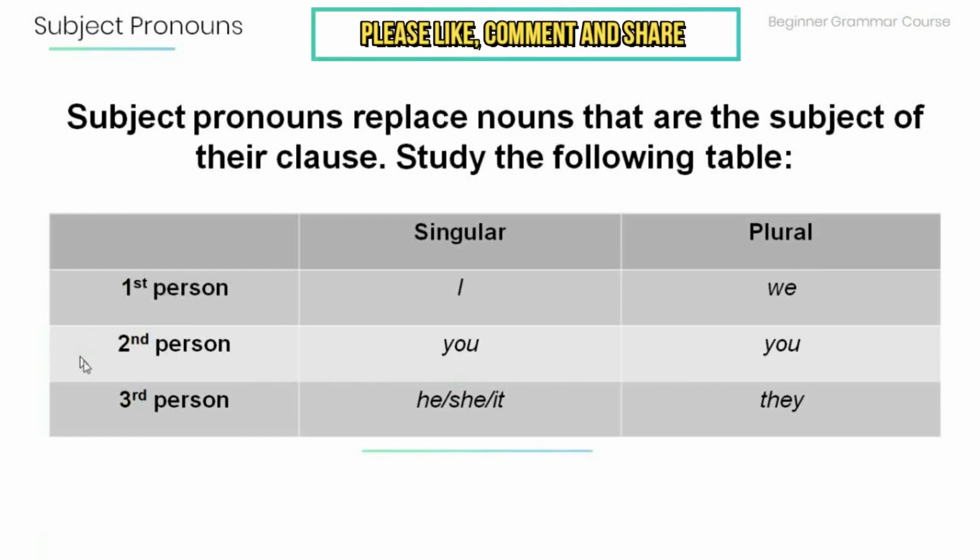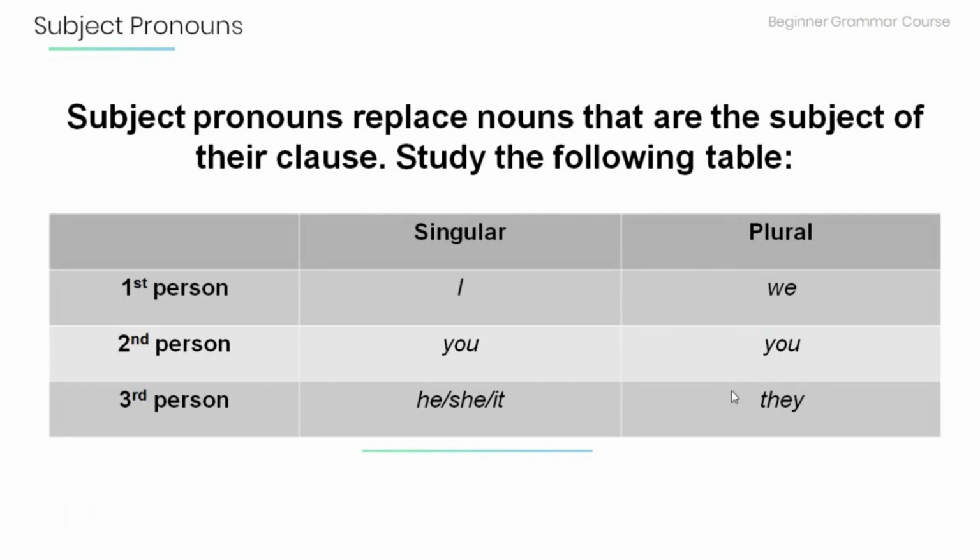When we talk about the second person, we use you. In its plural, the same, you. When we talk about the third person, we use he, she, it. Plural, they.